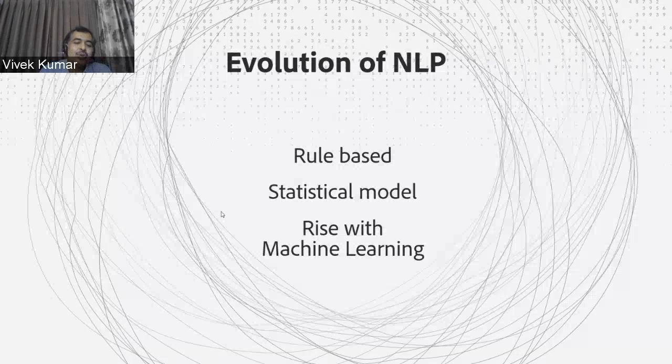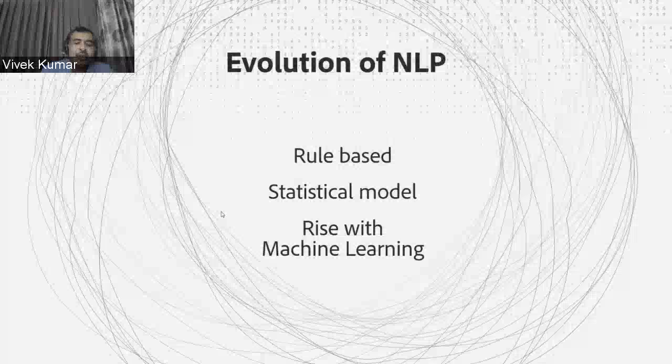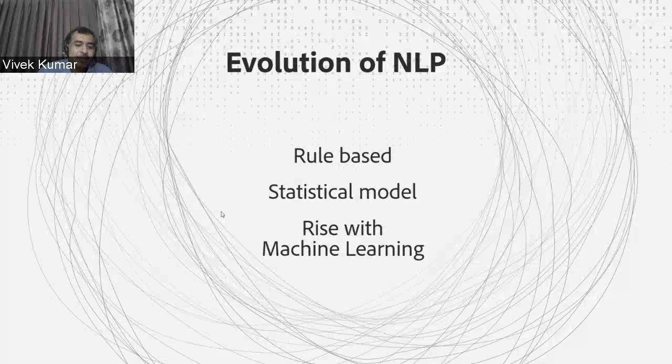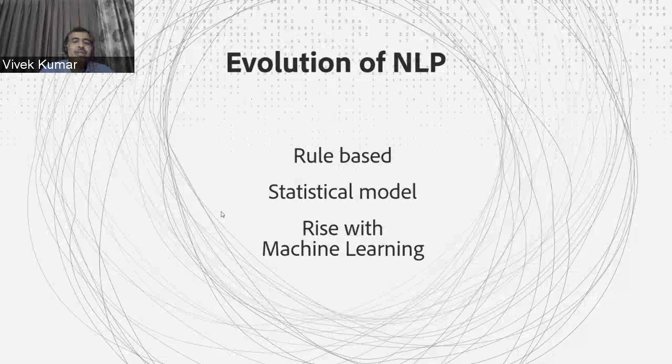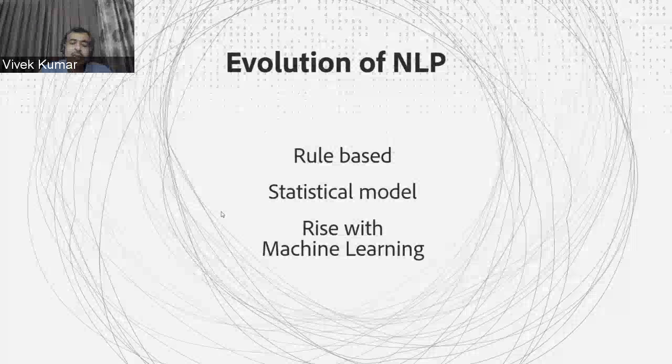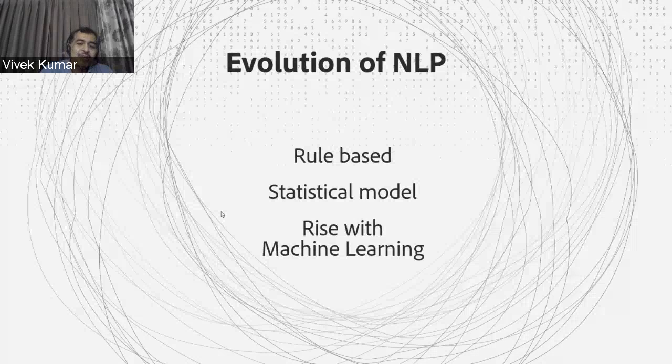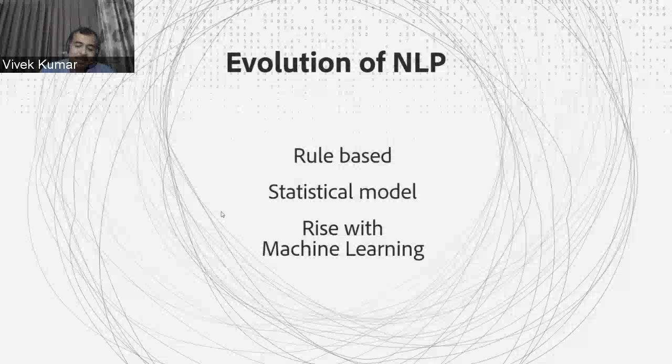It just learns over time, and with machine learning combined, it became very, very rapid. So machine learning with the statistical model gave a very rapid rise to natural language processing, and that is why, in the last decade or so, you suddenly see a lot of tools rising with it.